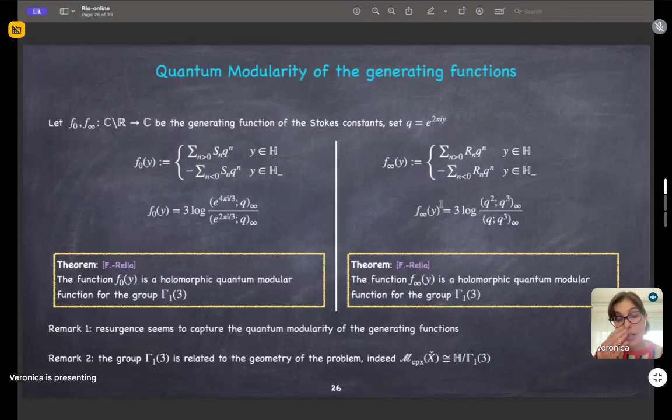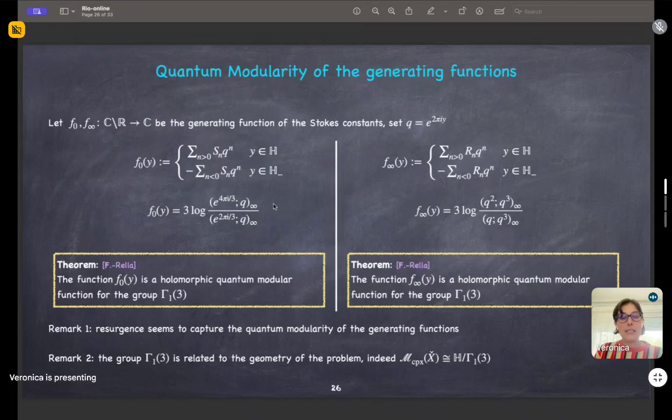In terms of generating functions, I use a different coordinate y, which is going to be related to the other two, but somehow is neutral in a certain sense. And so if we define the functions f0 and f infinity in the following way, again by summing over the Stokes constants, the generating function is precisely what was written in the previous slide, but now with this new parameter q.